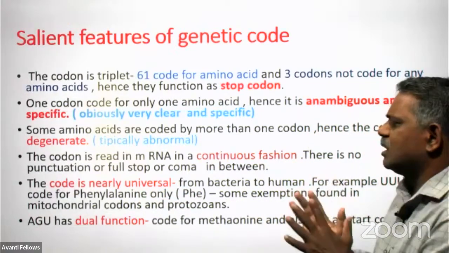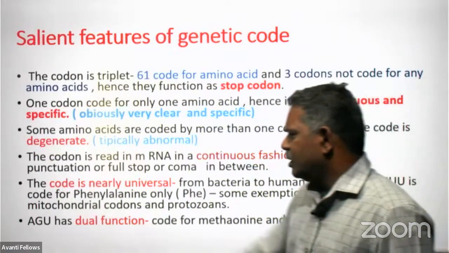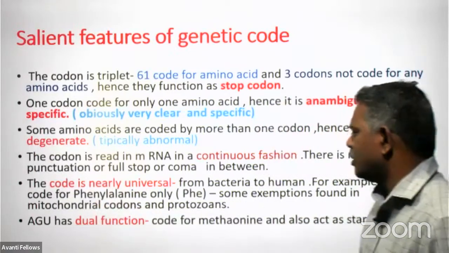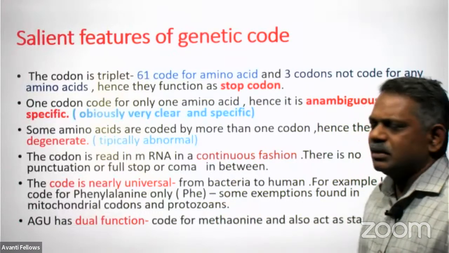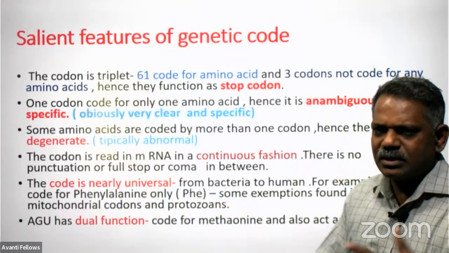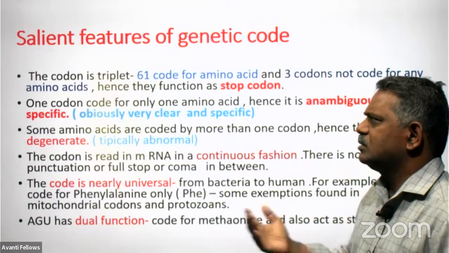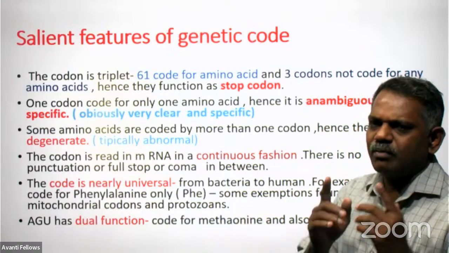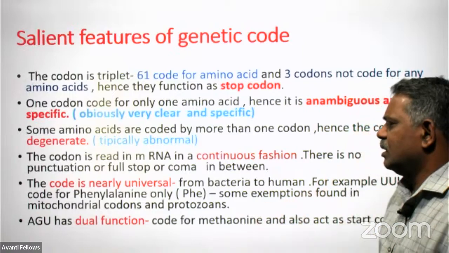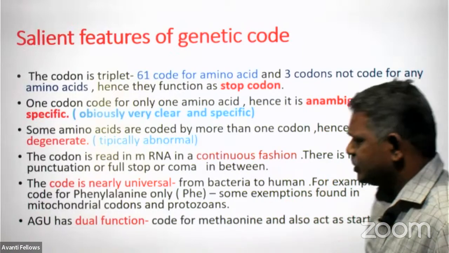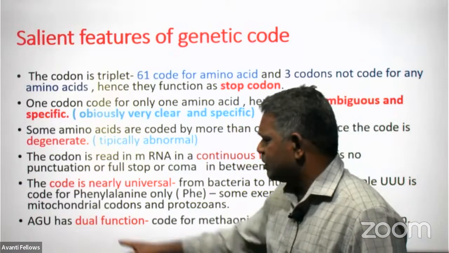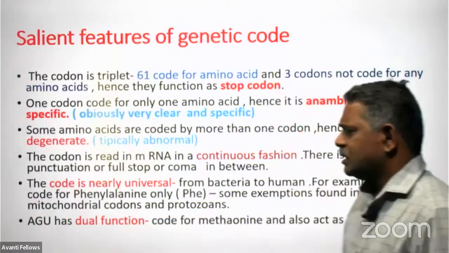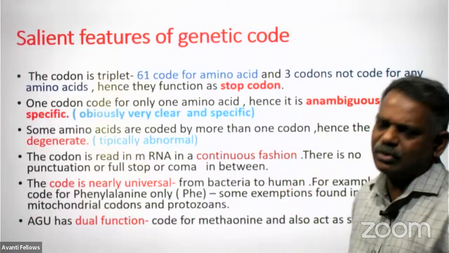Some exceptions are there, and those we find in the mitochondrial triplet codons and the triplet codons present in some protozoa. These are the exceptions. Otherwise, it is universal. Everywhere, the triplet codon is meant for a particular amino acid only. And another salient feature of the genetic code is AUG, as I told you, having a dual function.